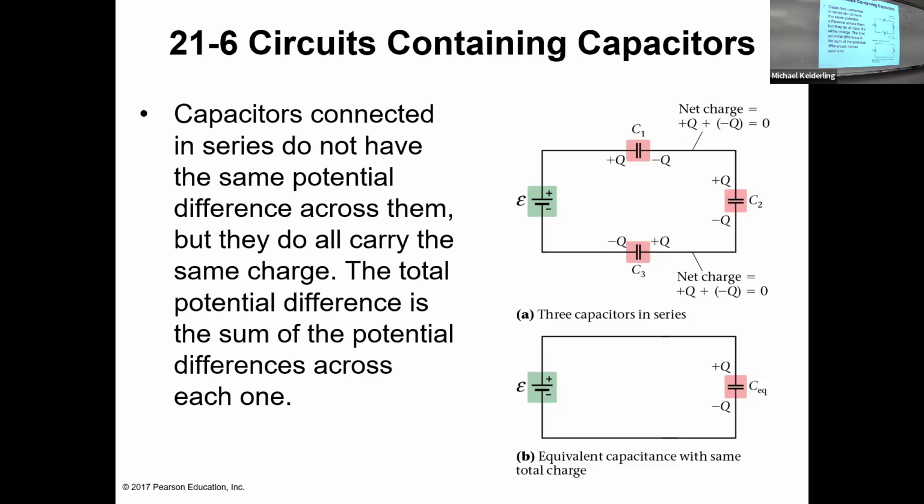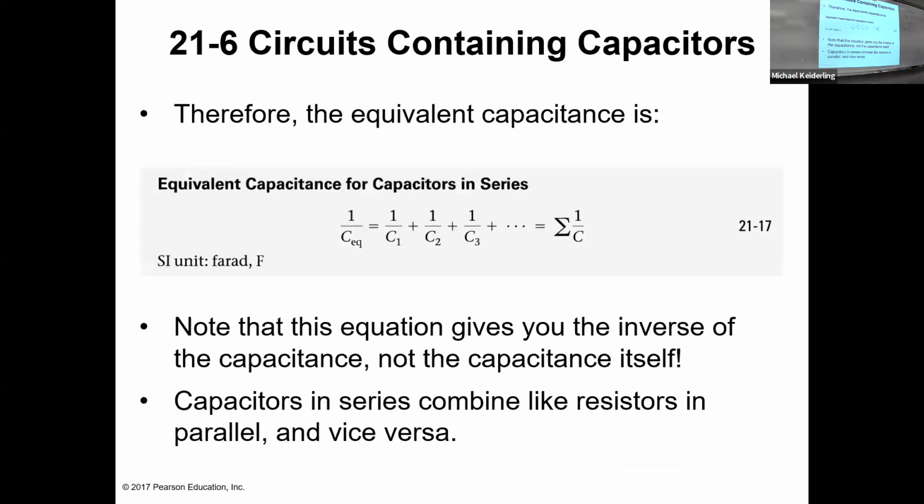Capacitors in series don't have the same potential difference across them, but they do end up all carrying the same charge. And the total potential difference is the sum of the potential differences across each one. So capacitors in series have that 1 over C equivalent equals 1 over C1 plus 1 over C2 plus 1 over C3.